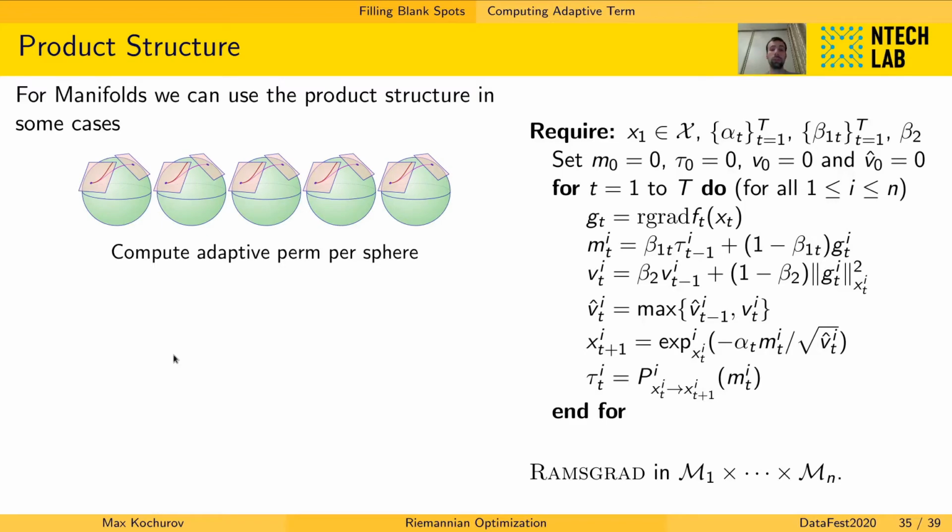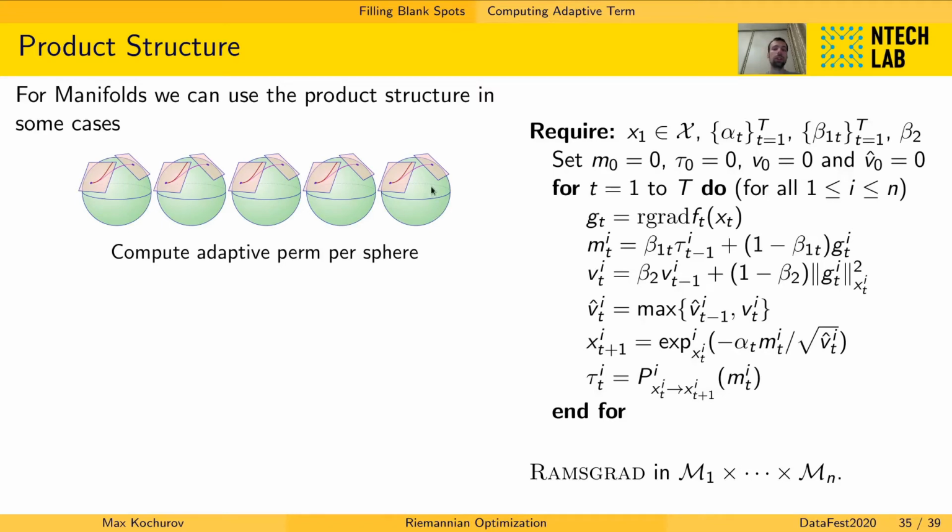The only chance to use adaptive terms is to exploit product structure. And product structure is the following. As you see, there are 5 spheres, and the product structure is the case where one manifold is independent of the others. When you change coordinates on one manifold, the others are untouched.